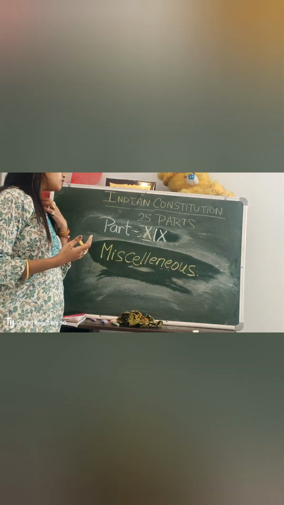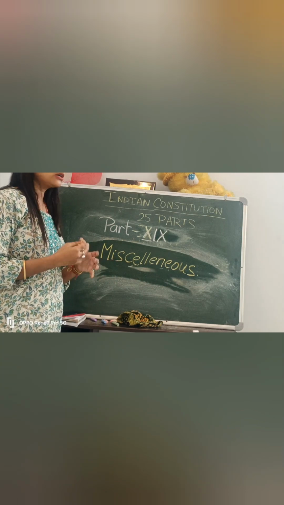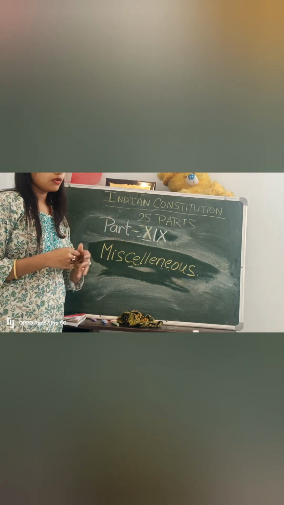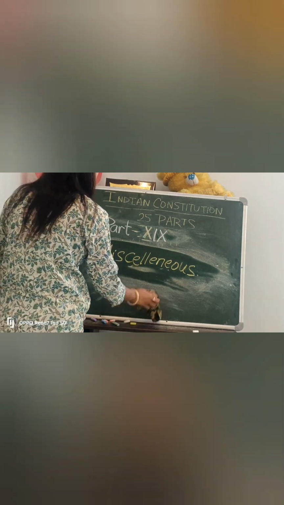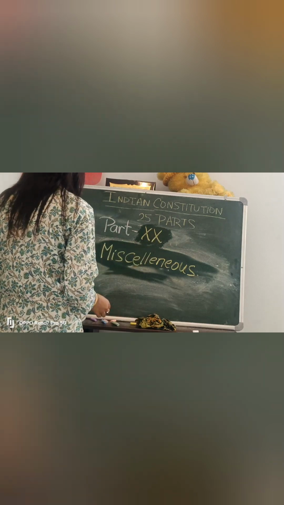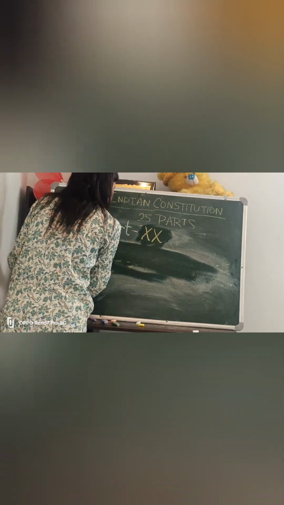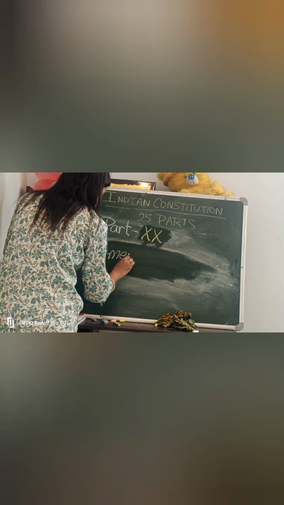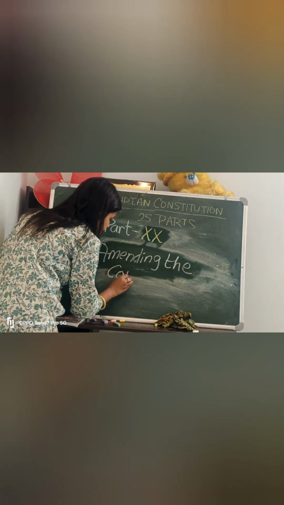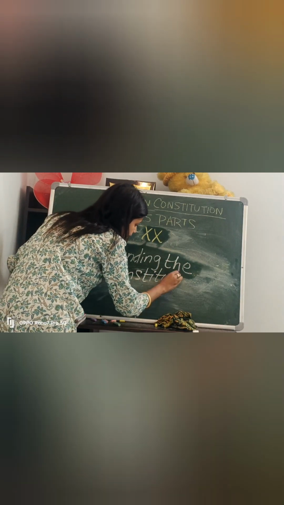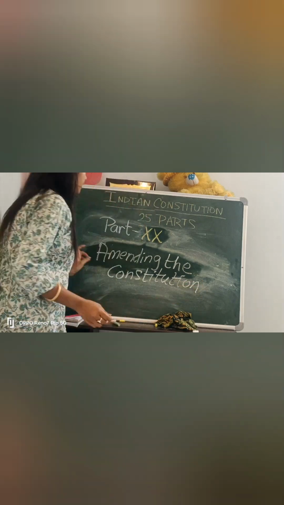Miscellaneous means extra, like in general knowledge we study extra things, all together. Part 19 comes under miscellaneous. Next is part 20. We have reached part 20. Part 20 is amending the Constitution.